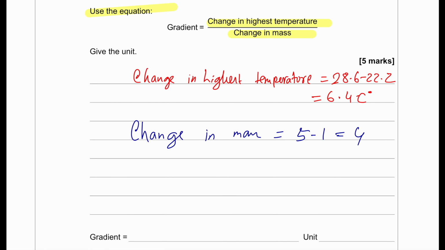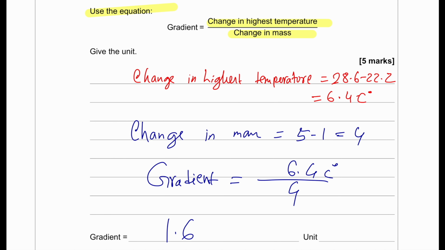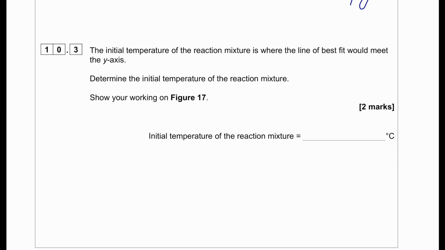So if we want to find out the gradient, the gradient equals 6.4 divided by 4, which gives us 1.6. And because the gradient is in degrees Celsius over mass, which is gram, so degrees Celsius per gram, 1.6 degrees Celsius per gram will be our unit.